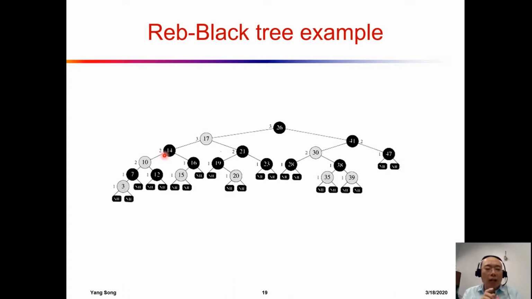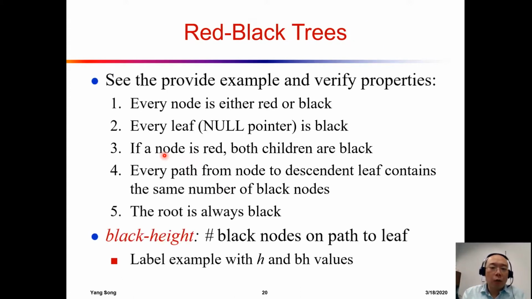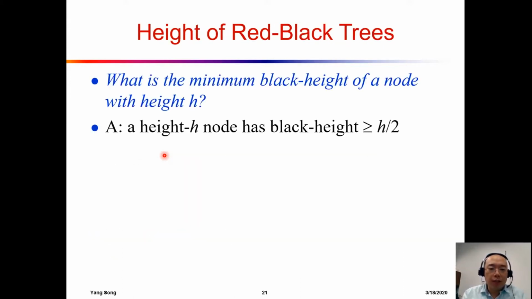So, in other words, at least half of the nodes we visit from a node down to a leaf are black, right? So this means a height h node has black height greater or equal to the height divided by 2. This is the part we are going to use in the later proof.